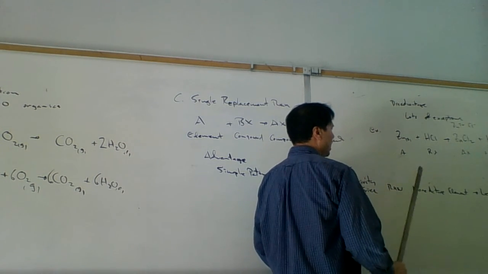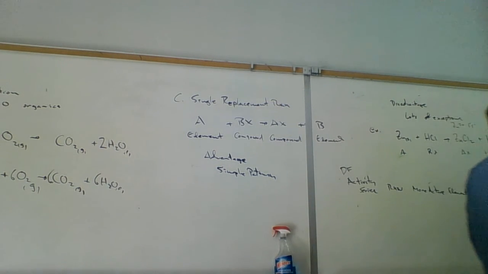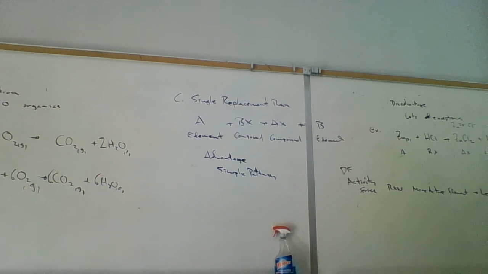So we're going to compare A and B. Here's zinc here. I don't see hydrogen up here. It must be down. Let me scroll down here. There it is. So here's zinc, here's hydrogen. Which one's more active? Lithium's the most active at the top. Zinc is closer to lithium than hydrogen.